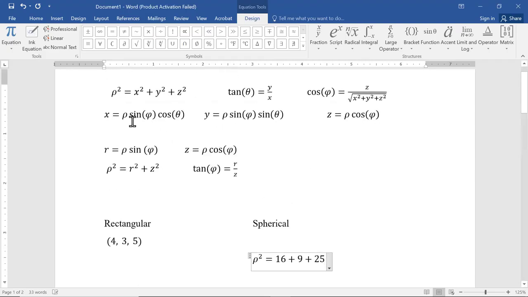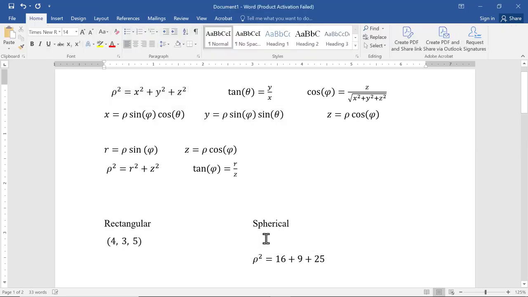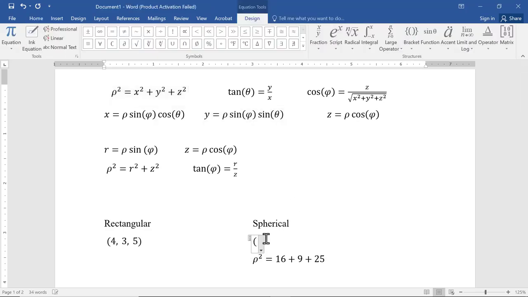I'm getting that from this conversion formula here. And so the spherical point is going to have a rho of the square root of 16 plus 9 plus 25. So that's the square root of 50. So that's my rho.